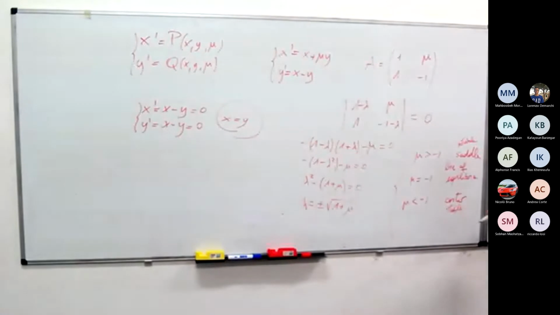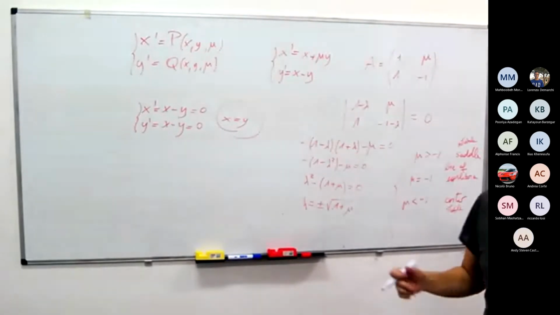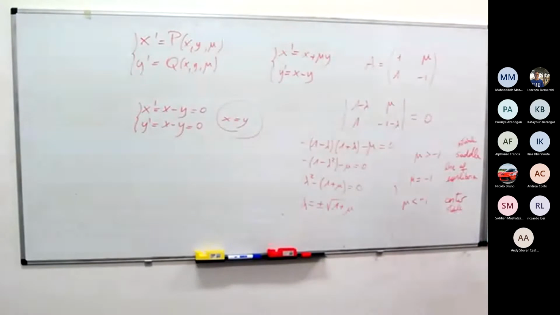But then I'm reducing mu, it's becoming smaller and smaller, and then eventually it's becoming less than -1. Then 0, 0 changes its nature. It will not be anymore an unstable saddle, but will be a stable center.